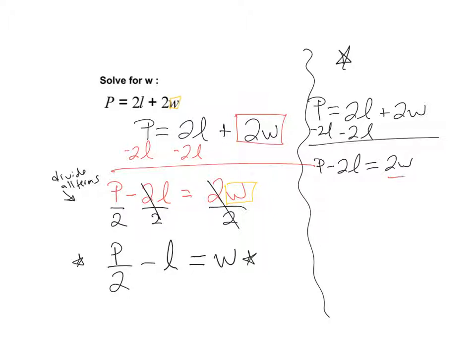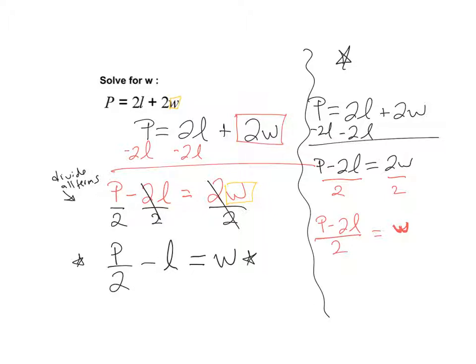We divide both sides of the equation by 2. So notice how that's different. And then oftentimes I'll have students leave their answer as P minus 2L over 2 equals W. And the problem with this, you guys, is that we can still simplify 2L divided by 2.